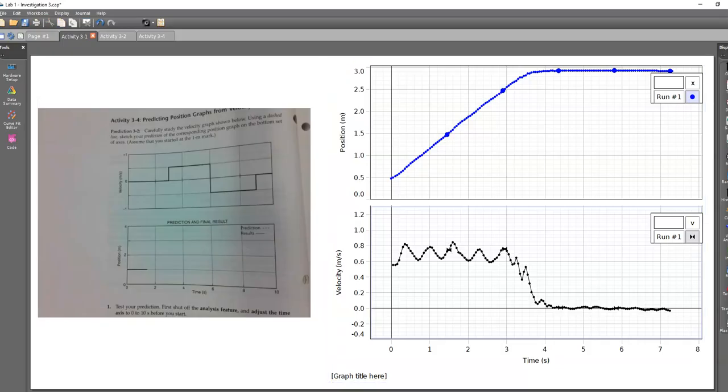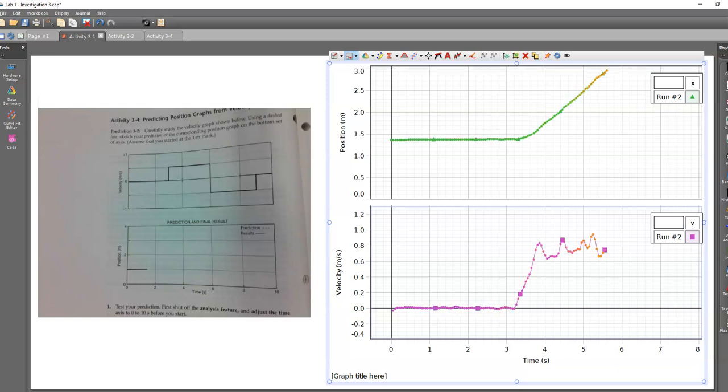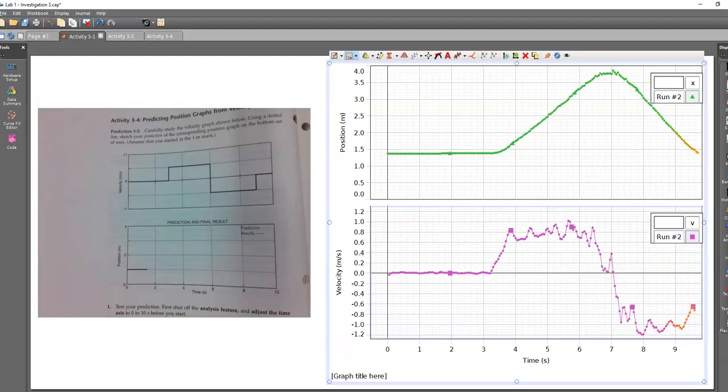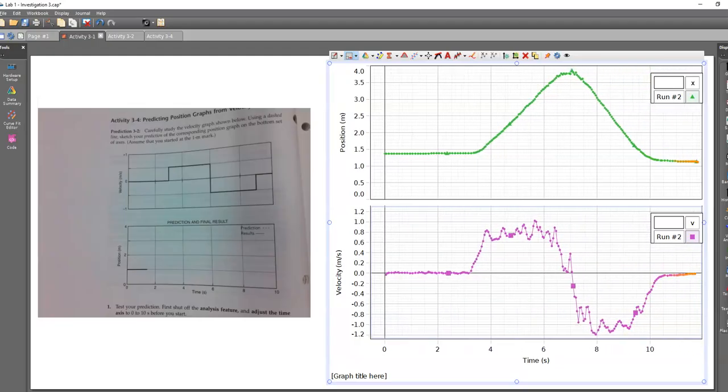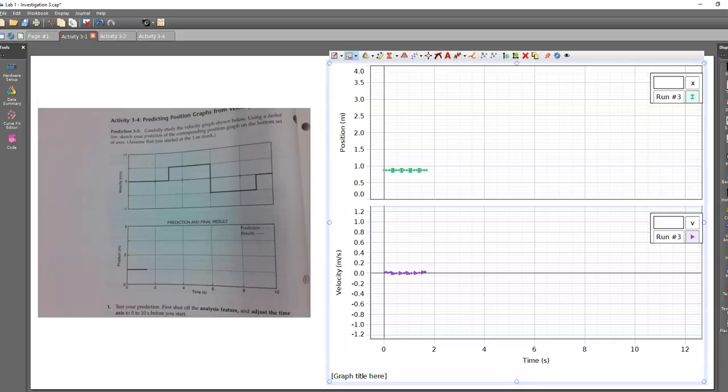So I got to stand still for 3 seconds, and then walk backwards, and then walk forwards, and I screwed it up. So I'm going to give it another go. Why not? Yeah, because I was looking at the velocity, not the position graph. Okay.